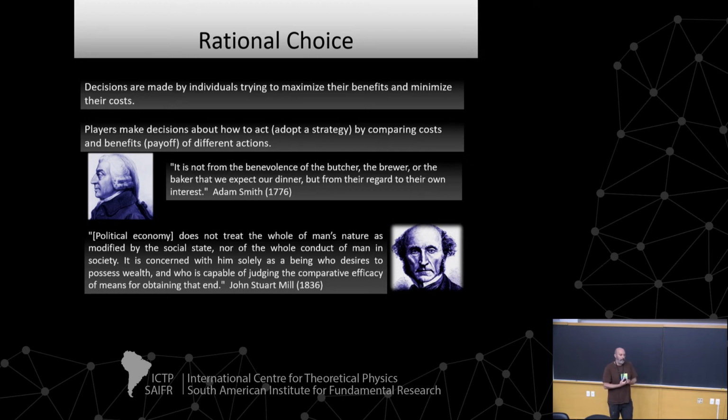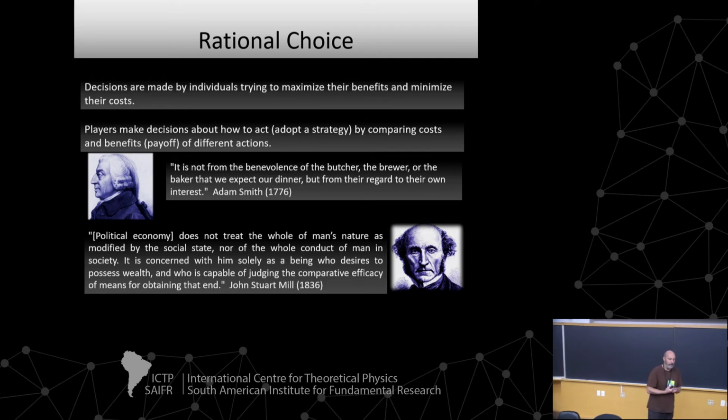And beyond the idea of this rational choice, there are two authors that have written two books, and I took from these books two statements that reflect quite well the idea of what a rational player is.